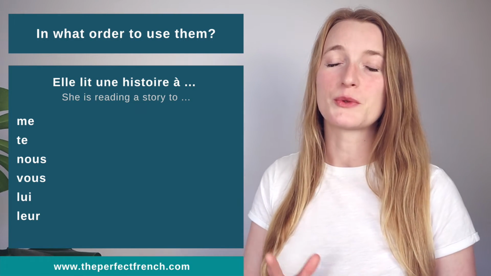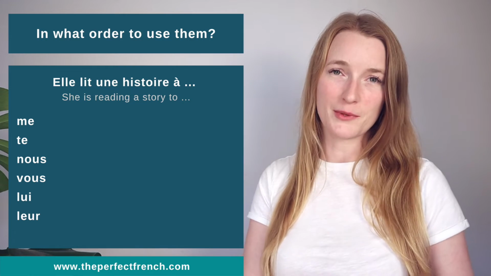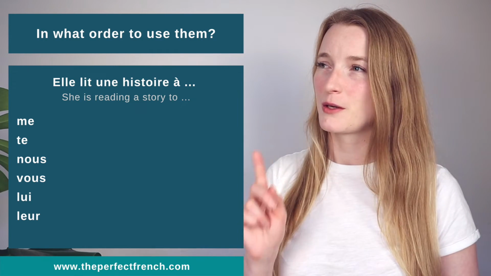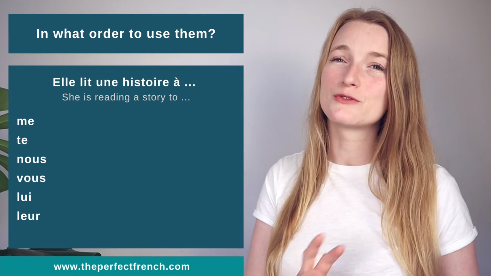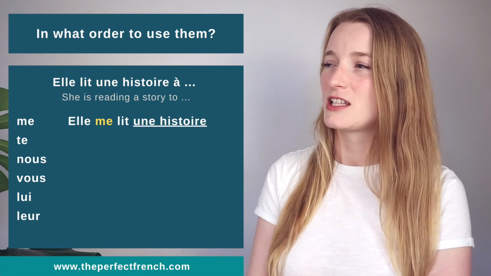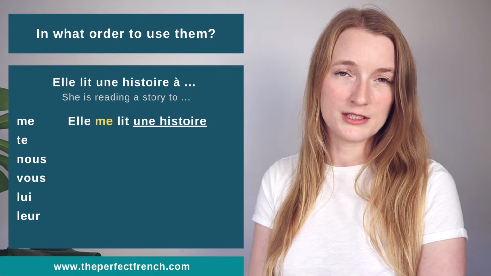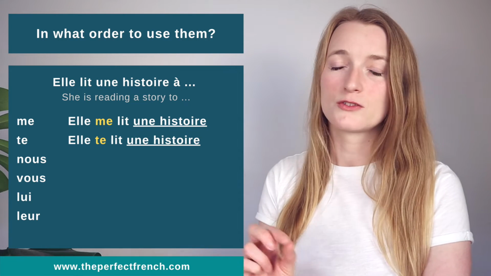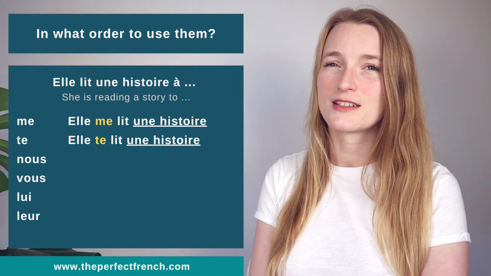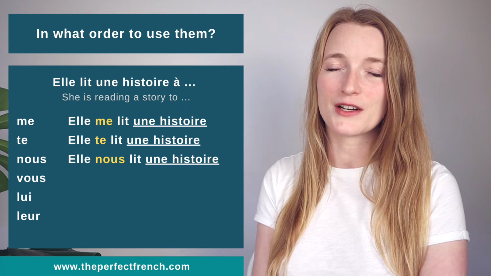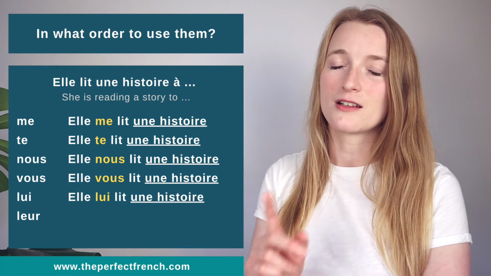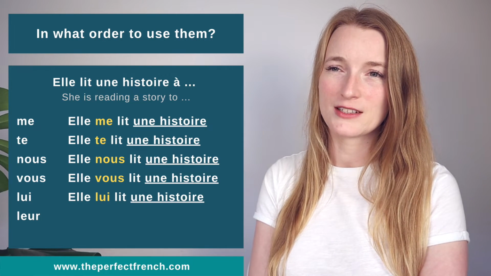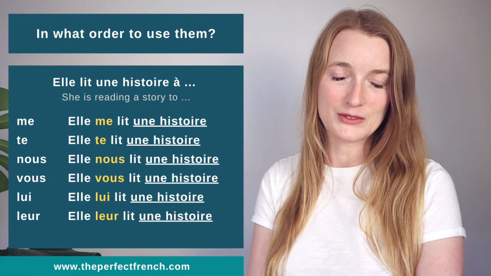So here we are going to have an indirect object pronoun. Remember our me, te, lui, nous, vous, leur. So we have elle me lit une histoire, elle te lit une histoire, elle nous lit une histoire, elle vous lit une histoire, elle lui lit une histoire, elle leur lit une histoire.